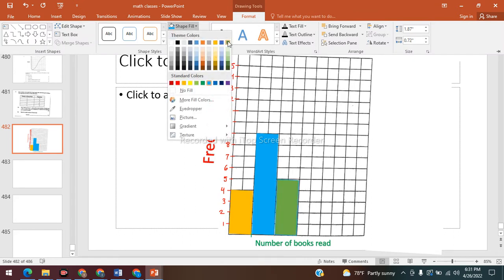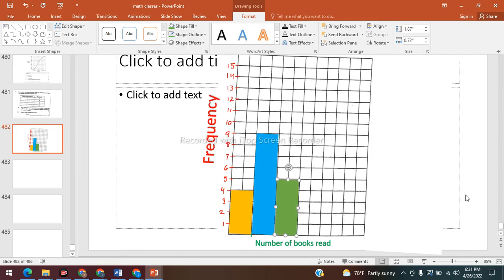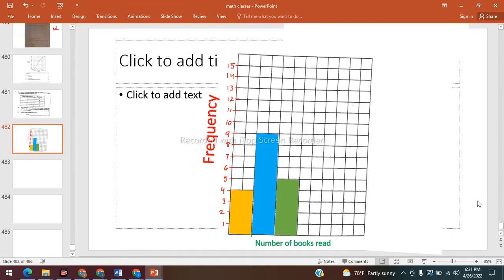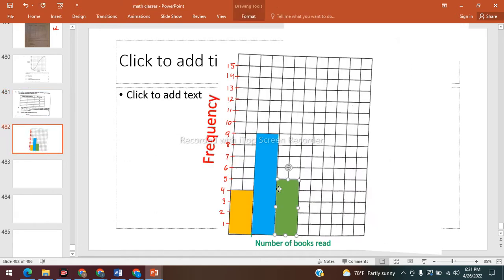There's the green. And then what else do we need? Number of books is 4 and frequency is 15.